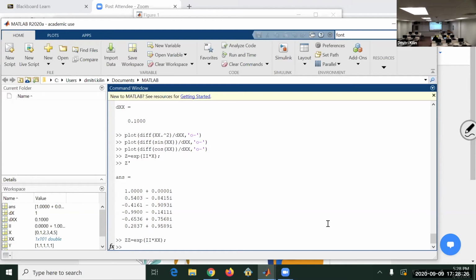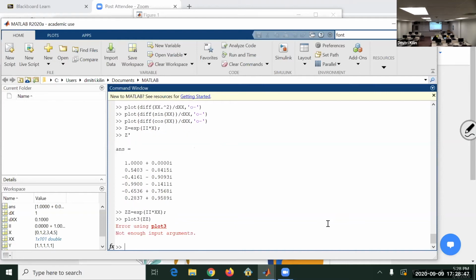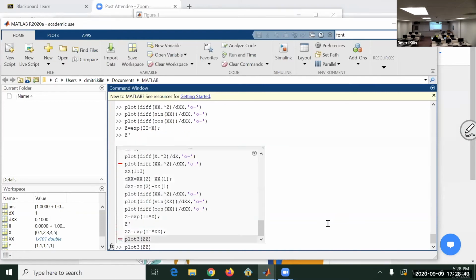Now, how can we imagine what is the complex function? So we can plot3 x. Oh, let's just try to put z in. No, it doesn't want.